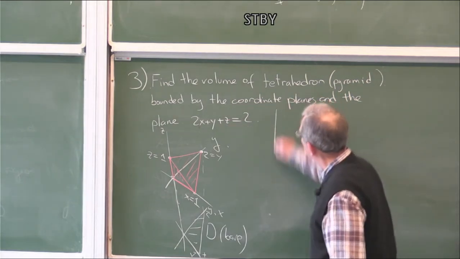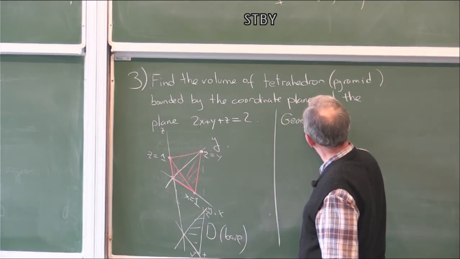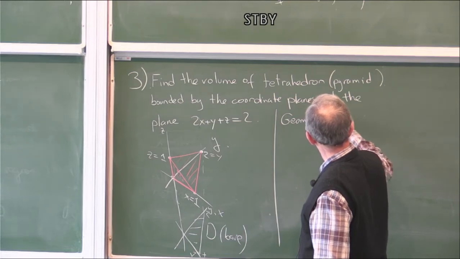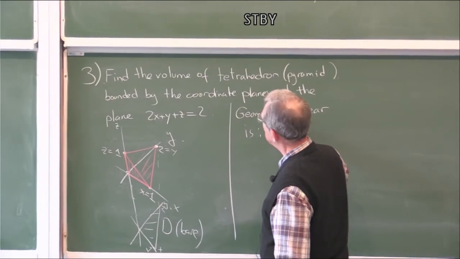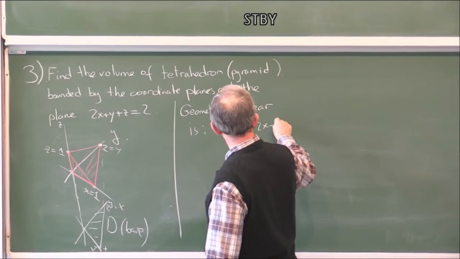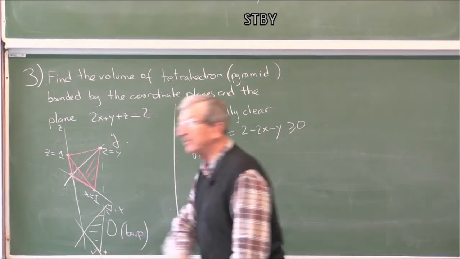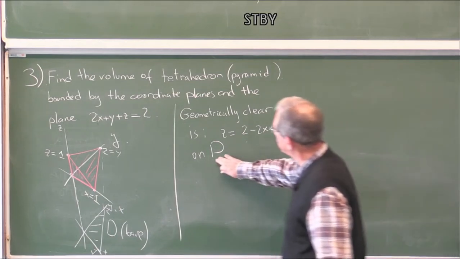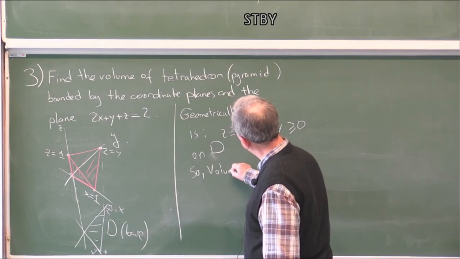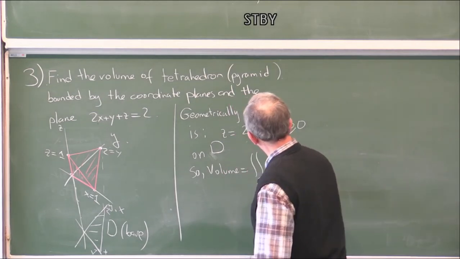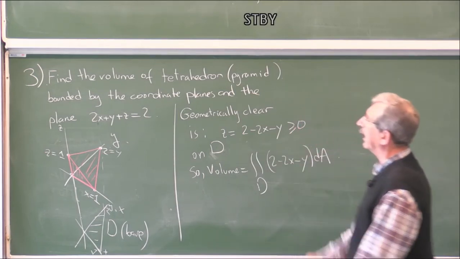Well, of course, here, geometrically, it's also clear that z, which is 2 minus 2x minus y, is positive on D, the base. So, the volume in question is the integral over D of 2 minus 2x minus y dA.